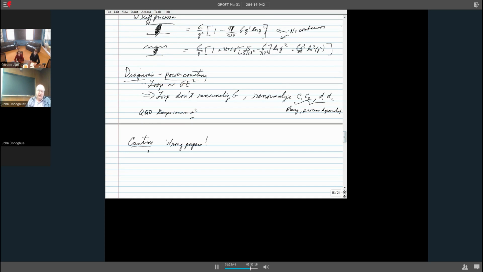And so loop processes don't renormalize G. They renormalize instead new operators, C1, C2. There were some D1s, D2s for vertex corrections, etc. These guys, there's many of them. They are process dependent.